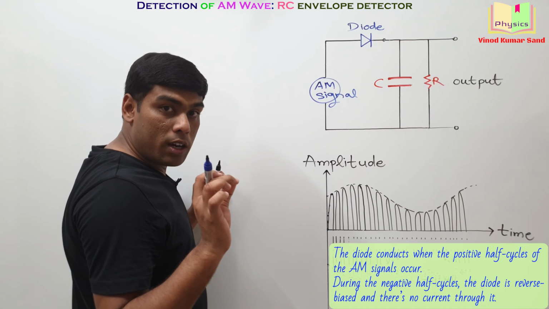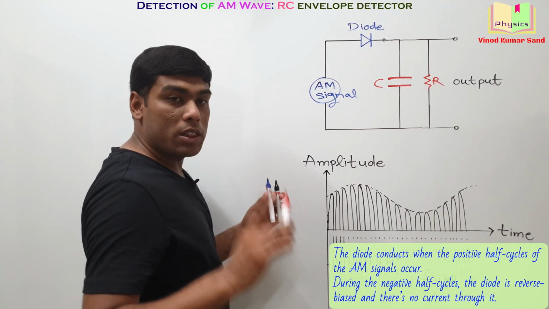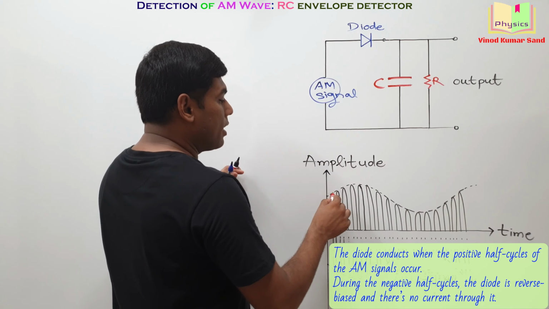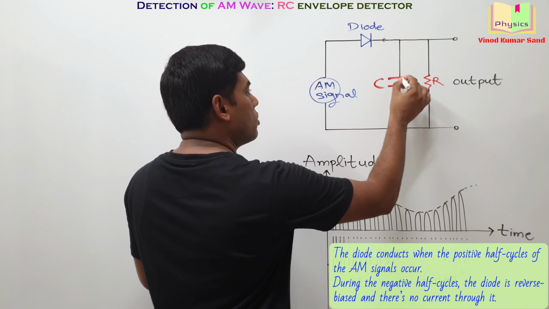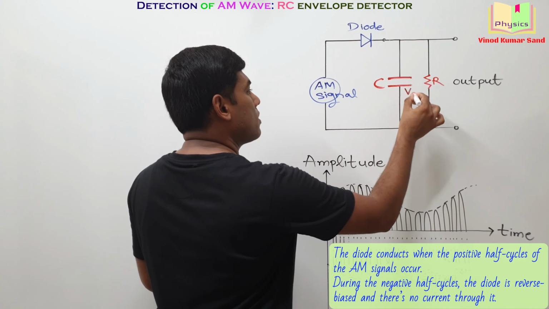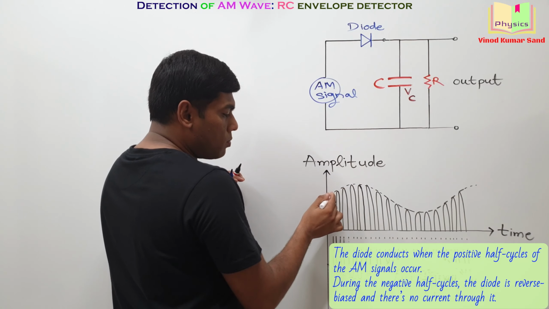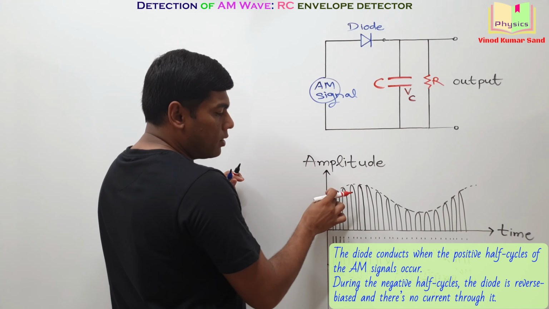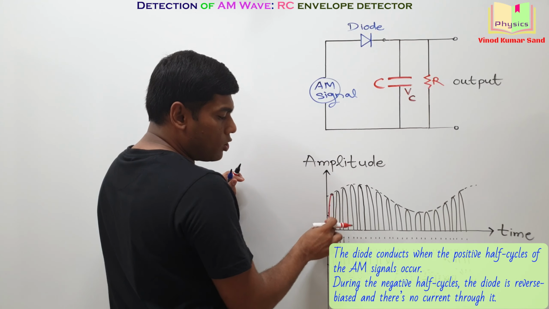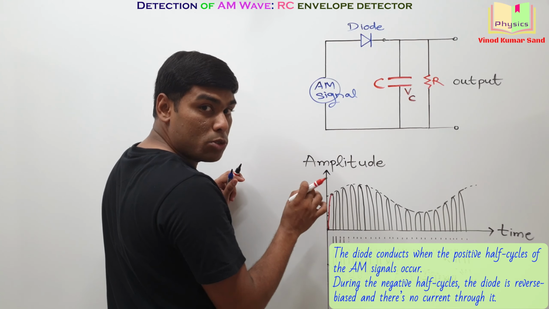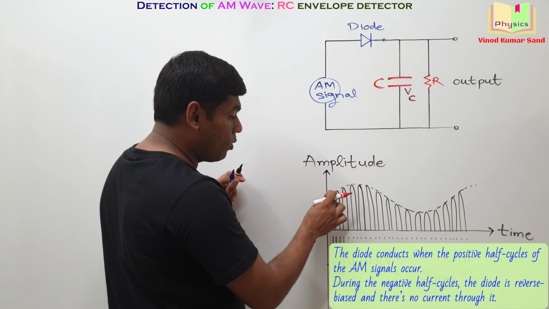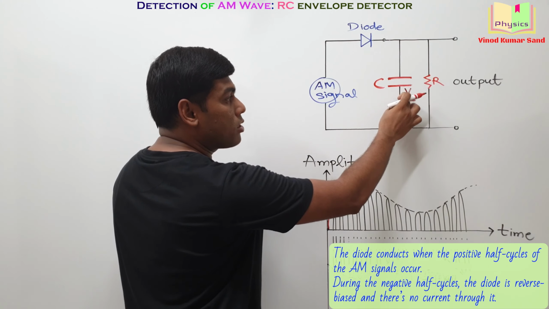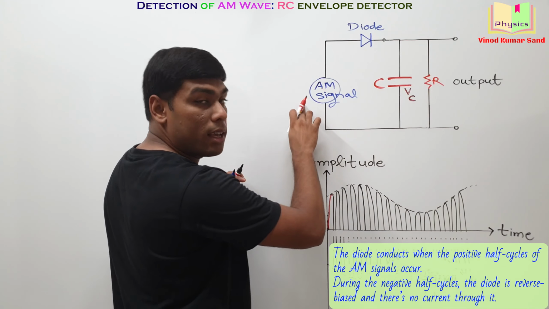So the output across the capacitor I'll indicate with the red marker. Let's say the capacitor gets charged to a voltage Vc. After this moment of time, the carrier voltage is dropping down, the AM signal's voltage is dropping down, but the capacitor's voltage is greater than the AM signal's voltage.